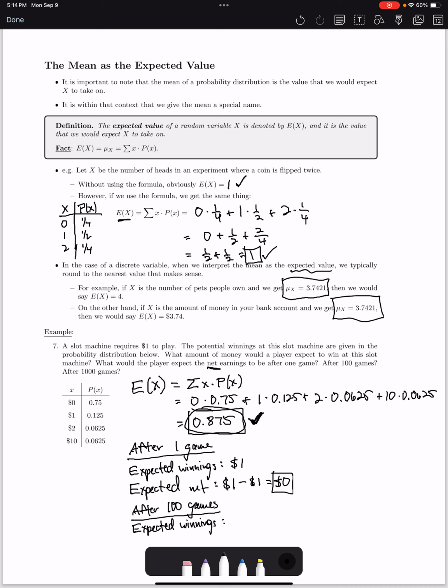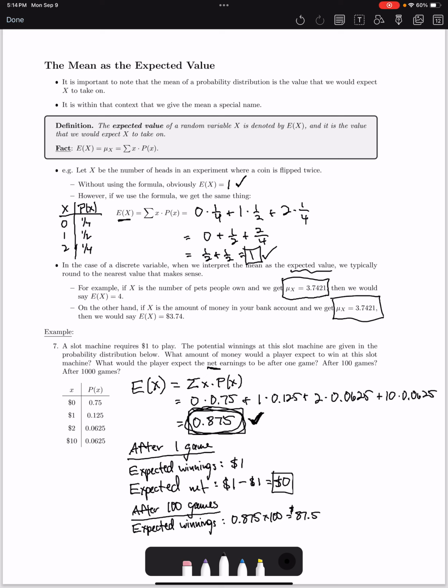Okay, it's going to be the 88 cents, right? 87.5 cents times 100, right? 0.875 times 100. So that would come out to 87.5. So your expected winnings are $87.50.